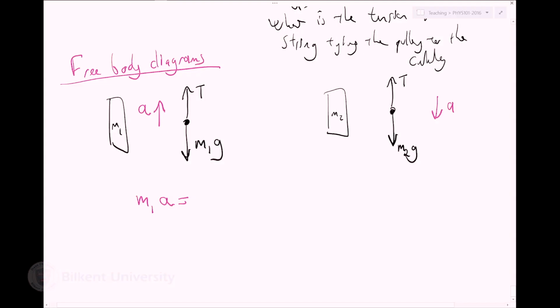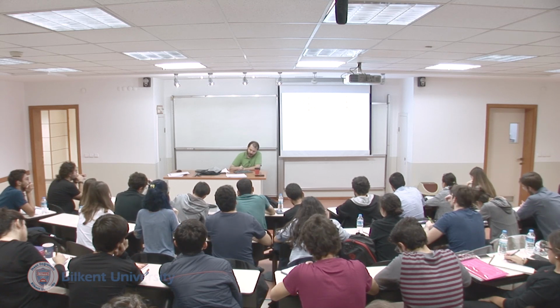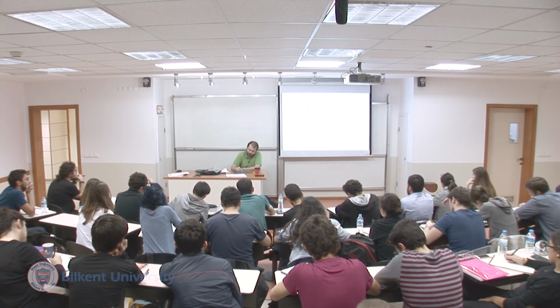Okay, so for the first mass, what is M1A? A is upward, so it must be T minus M1G. How about M2? What is M2A? Because it's moving downward, this is going to be M2G minus T. Okay, so what am I supposed to find? I'm asked to find A. So here's what I'll do. This is my first equation and this is my second equation.